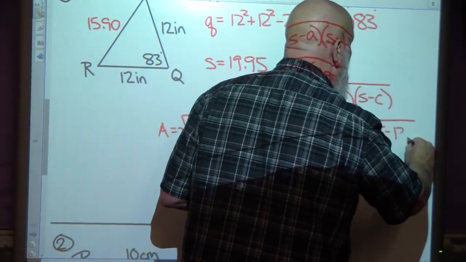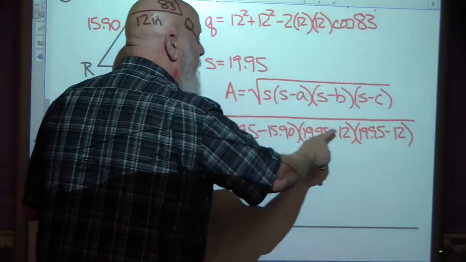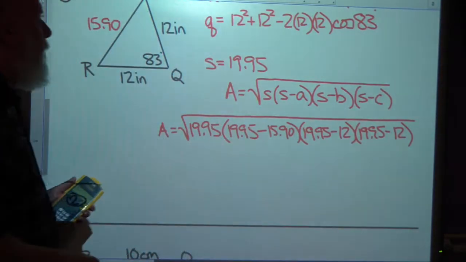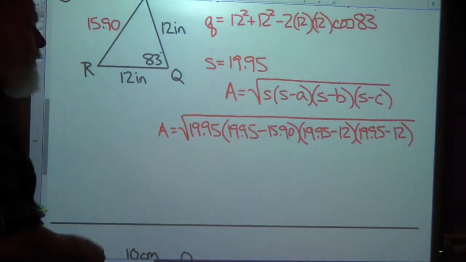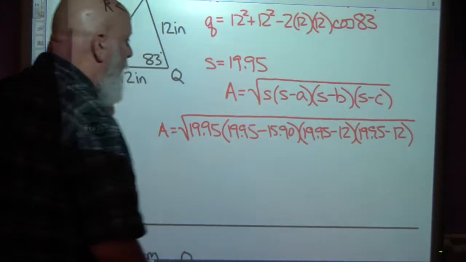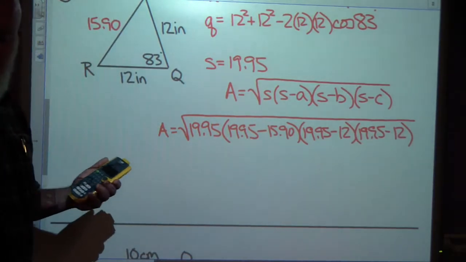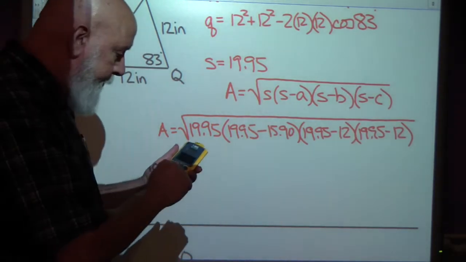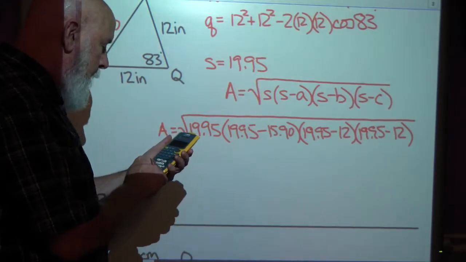I just got to plug in all 3 sides into this. It doesn't matter which one comes first. And then I got to get all that into my calculator and see if I can not make a mistake. So here we go. Clear it out.